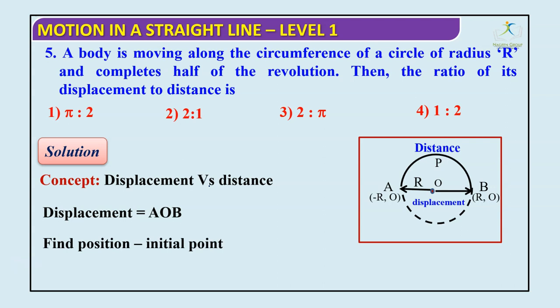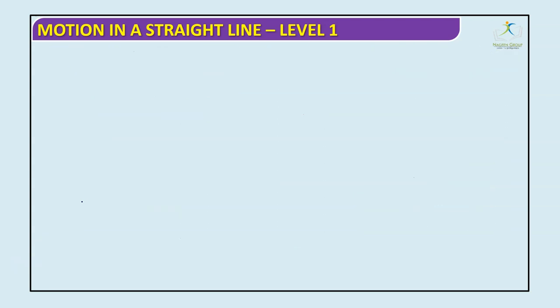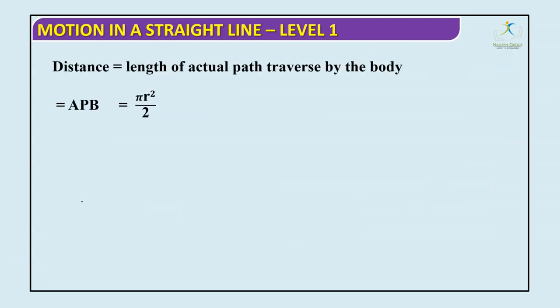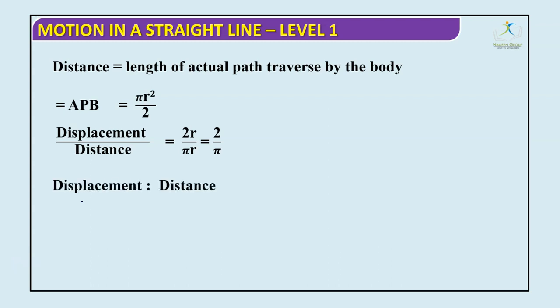The displacement is the final position minus initial position, which is R minus minus R, which is 2R. And the distance will be the length of the actual path traversed by the body, which is APB, a half of the circle, a semicircle, which is pi R. Displacement by distance is 2R divided by pi R, which is 2 by pi. So the displacement to distance ratio is 2 ratio pi. Hence the correct option for this question is 3.